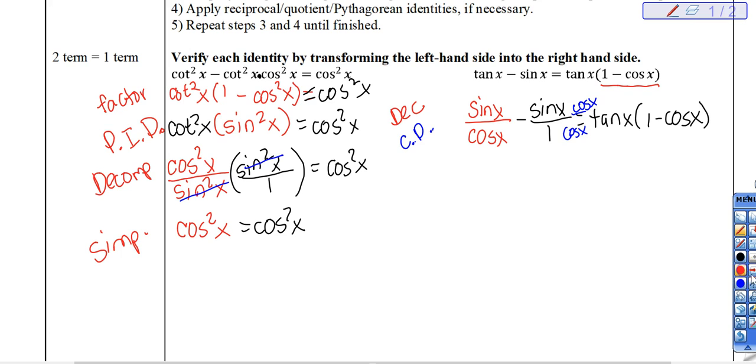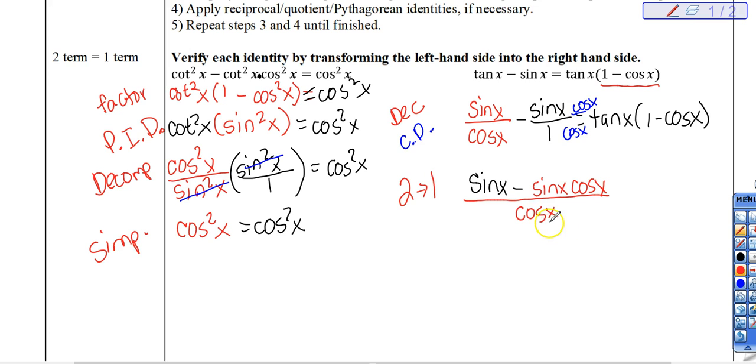Okay, so in my next step, I'm going to subtract my fractions and turn this from 2 terms into 1 term, right? So here's what I have. Sine x minus, is that sine x cosine x, all over cosine x.